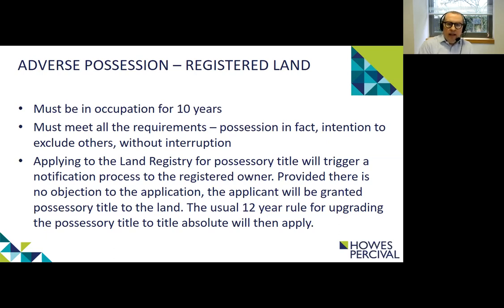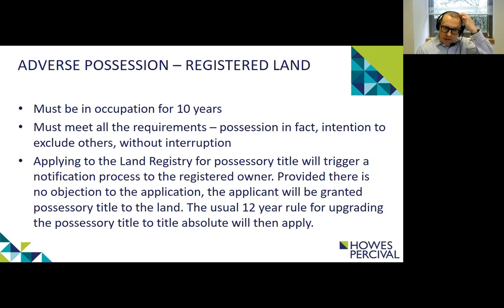In that act, it said that you only had to show 10 years' use of the land to apply for adverse possession, but once you'd got your 10 years and made your application, the registered owner of the land would usually be able to object and clear you off the land, provided that the legal owner did that within a year from the date that you rejected their application. That would defeat the claim.